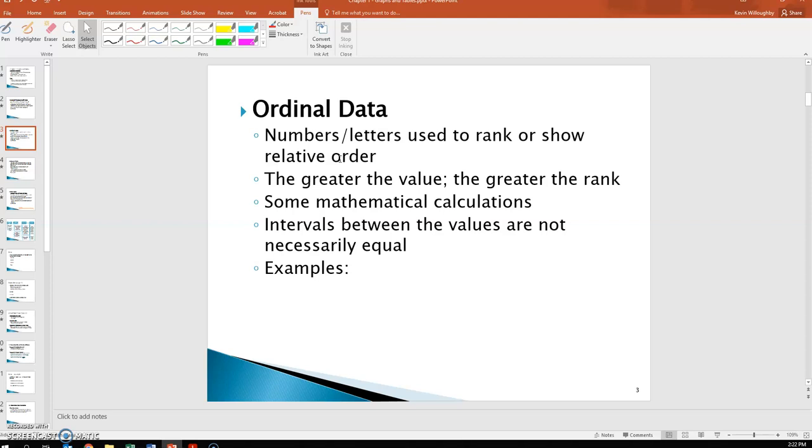It's very difficult to get people to indicate how old they are or how much income they make, but if you put that in order, like 18 to 20, 21 to 23, or 50,000 to 60,000, 60,000 to 70,000, that would be an example of ordinal data.